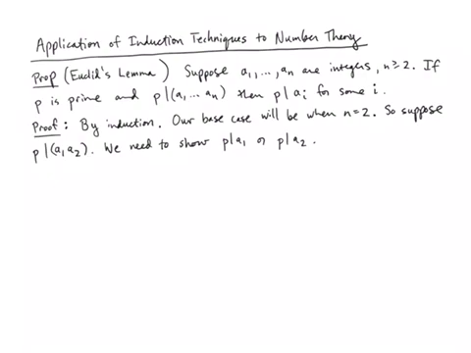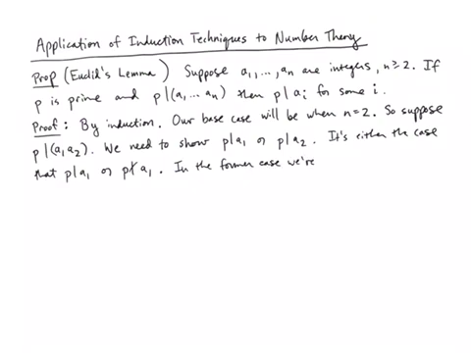Well, it's either the case that p divides a1 or it doesn't, right? So it's either that p divides a1 or p doesn't divide a1. In the former case, we're finished.